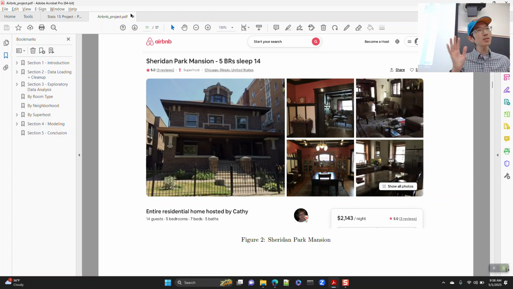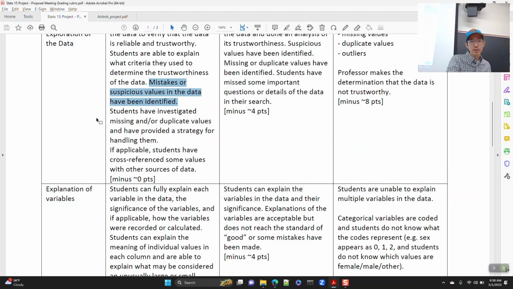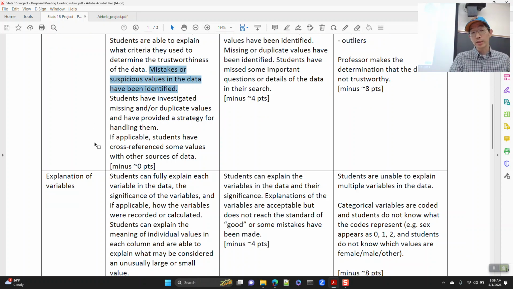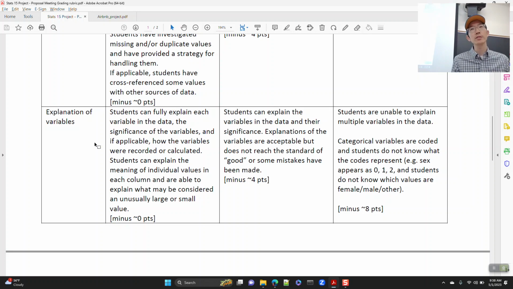So there's a little bit of subjective analysis there, but I think it's also very reasonable. That's one thing they did well: they identified some suspicious values, and they included that in their analysis as well.